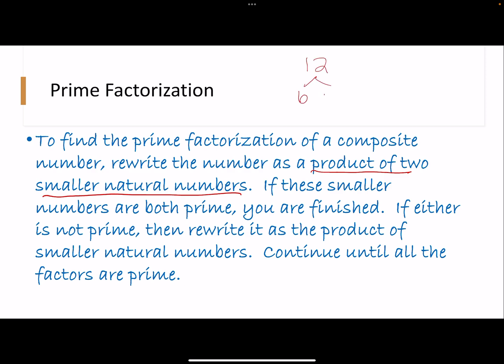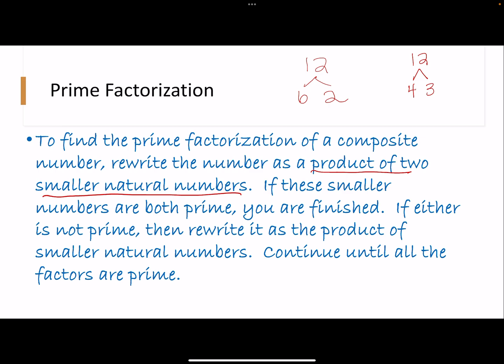Some of us might start off by saying, well, 12 is 6 times 2. Somebody else might say that 12 is 4 times 3. It doesn't matter. We're going to end up with the same prime factorization of 12 regardless of what two factors of 12 we choose.